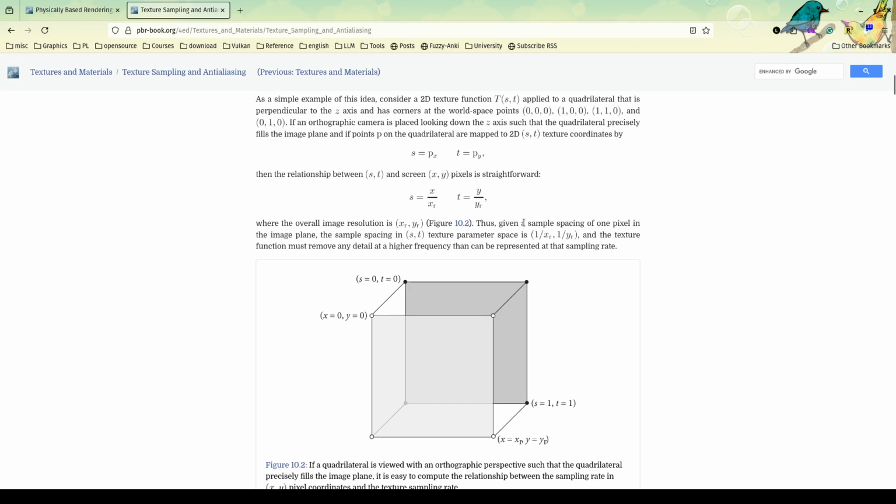So this gives a sample spacing of 1 pixel in the image plane. The sample spacing in (s, t) texture parameter space is 1 over x_r, 1 over y_r.